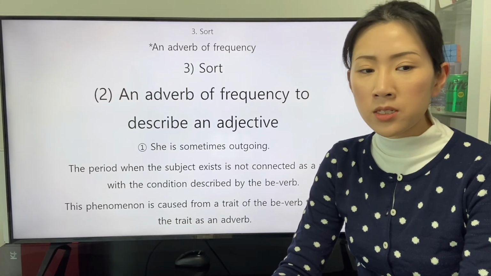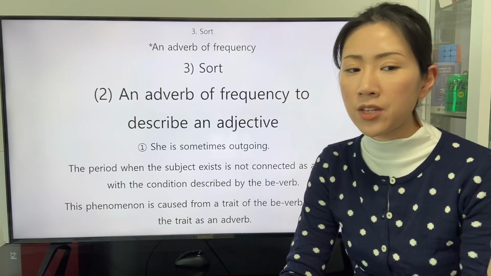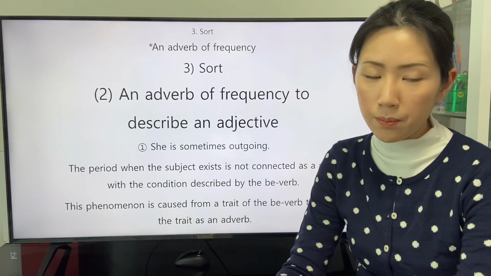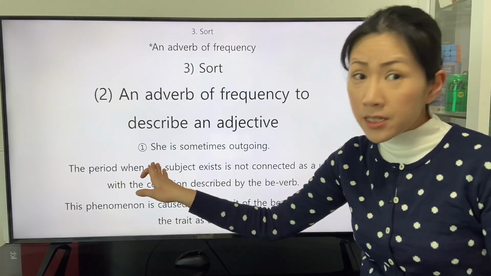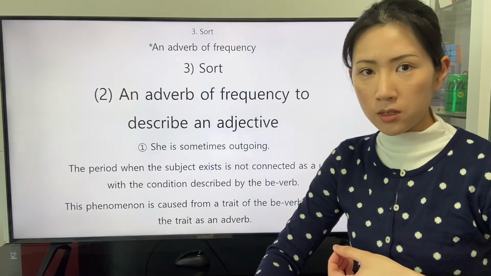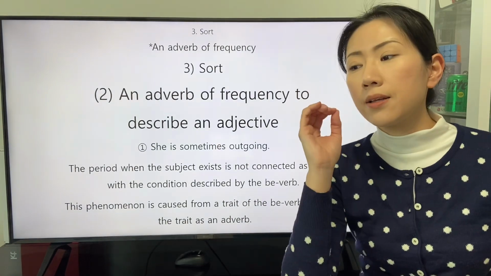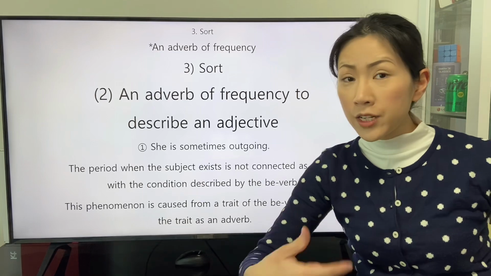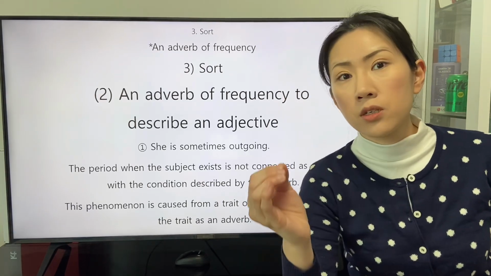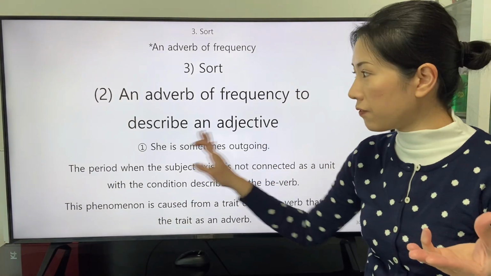This phenomenon is caused from a trait of the be-verb that has the trait of an adverb. The be-verb describes the existence of the subject, and the trait of the adverb changes the definition to describe the condition of the subject.